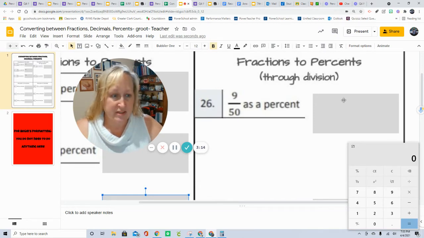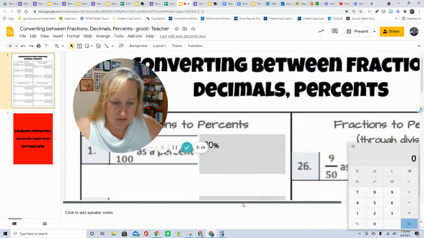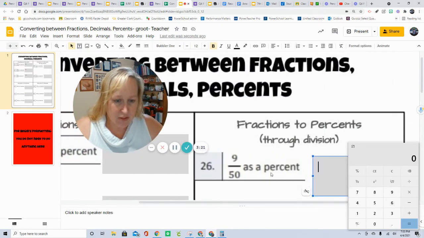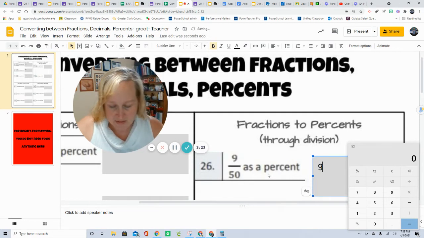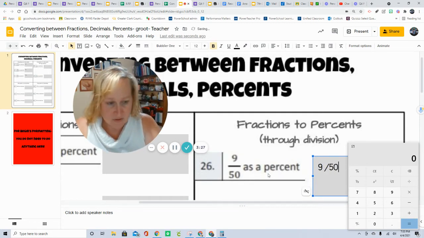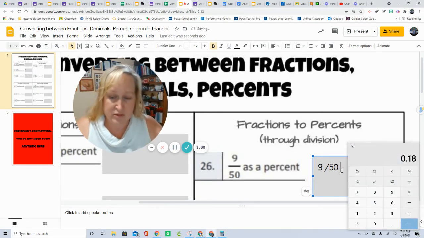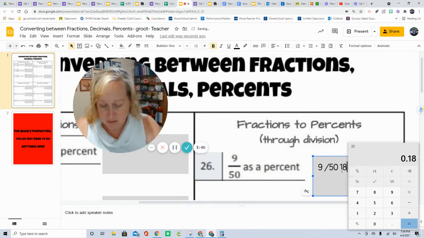So this one is also the same as doing 9 divided by 50. If I type that in my calculator, 9 divided by 50, I get 0.18, which is the same as 18%.